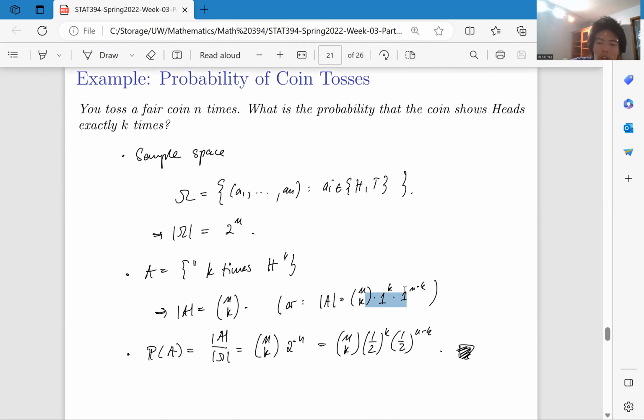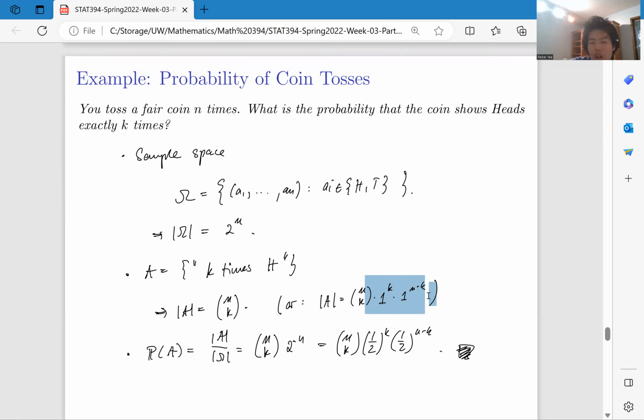The 1 to the power of k is the head's possible ways, and 1 to the power of n minus k is the tails' possible ways.